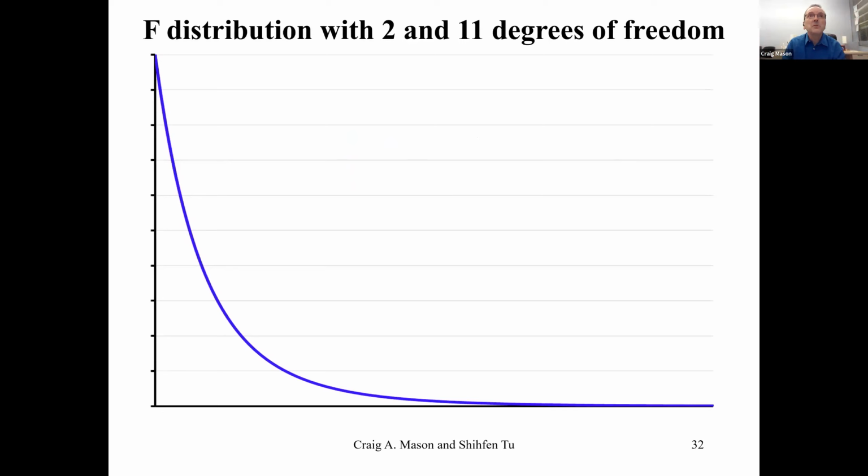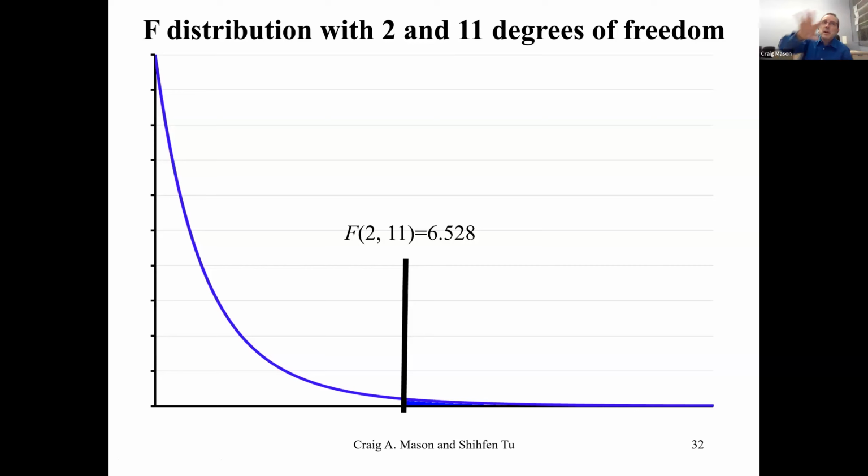Okay, our observed F with 2 and 11 degrees of freedom was 6.528. It's kind of out here. Our p-value is going to therefore be the area beyond that. I've shaded it and it's kind of small, that little blue.